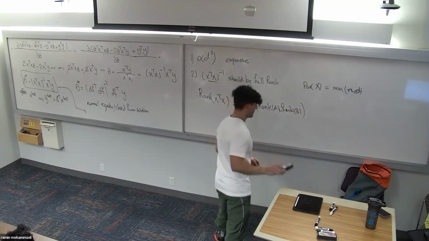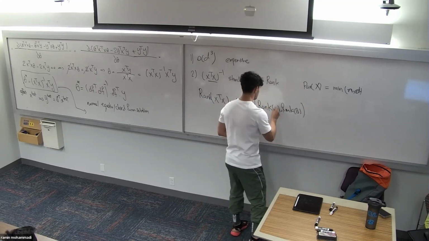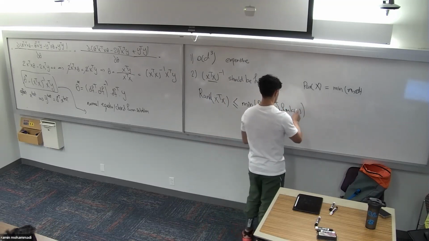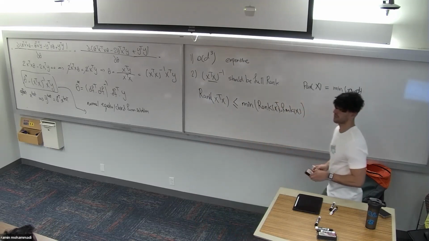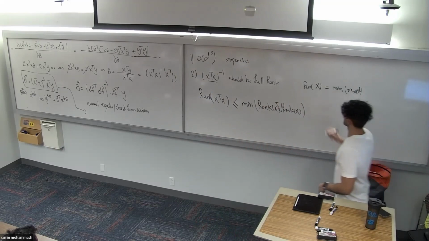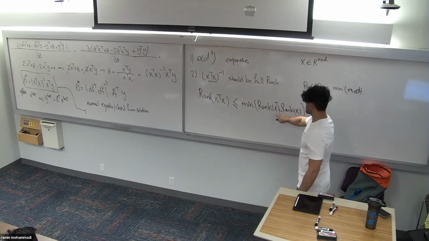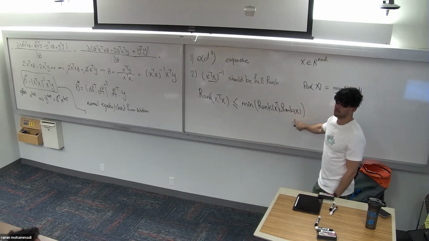What is A here? It is X transpose. What is B here? It is X. So the rank of X transpose and the rank of X are the same.